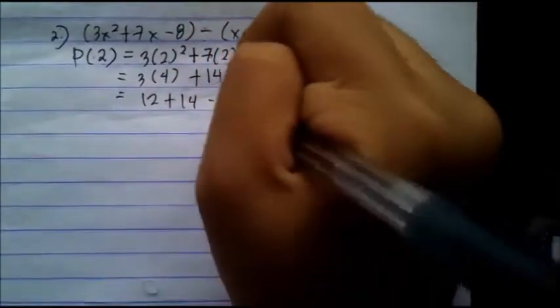So, let's substitute: 3 times 2 squared, plus 7 times 2, minus 8. 2 times 2 equals 4, 7 times 2 equals 14. 3 times 4 equals 12 plus 14 minus 8.